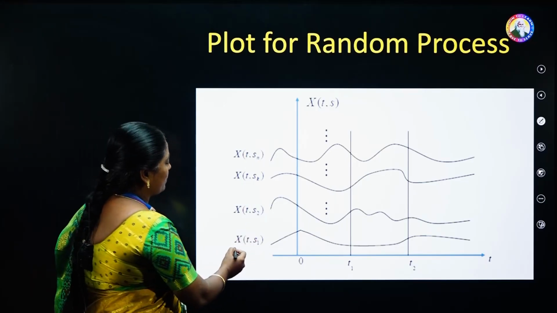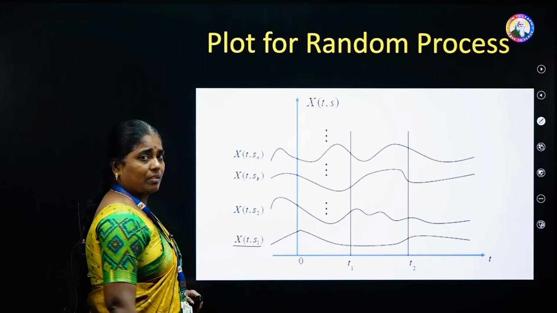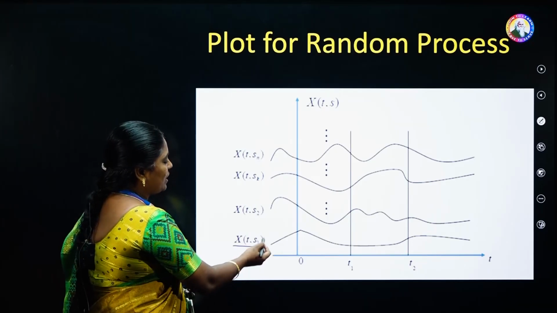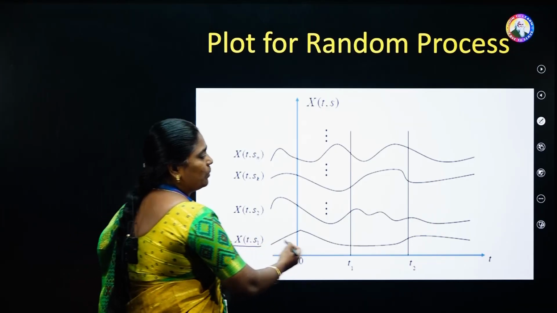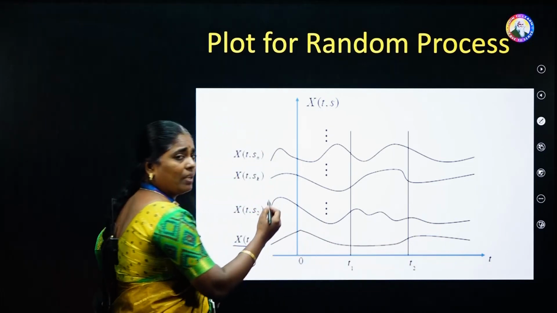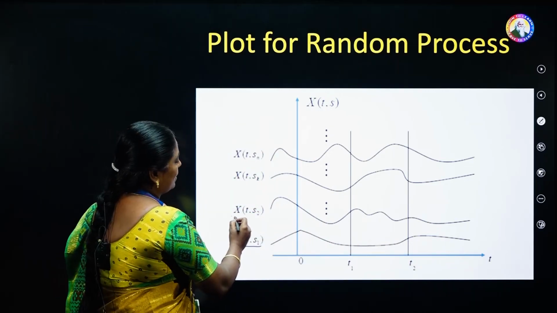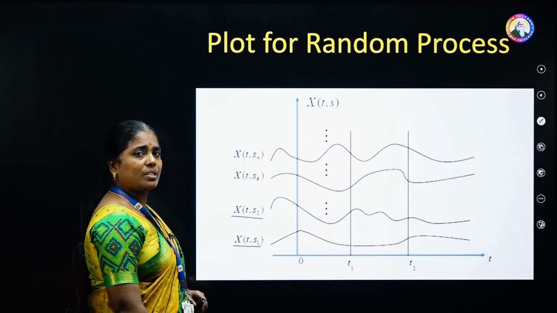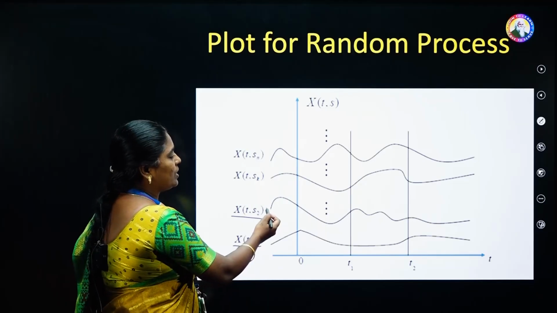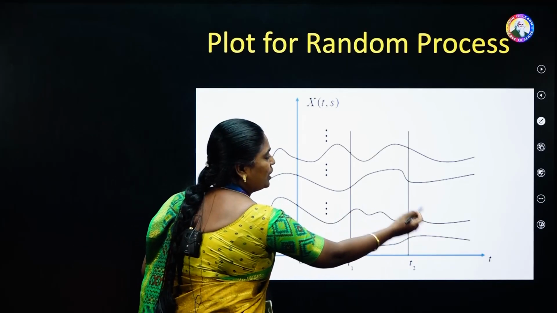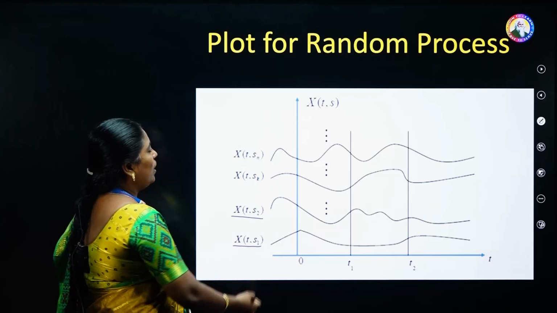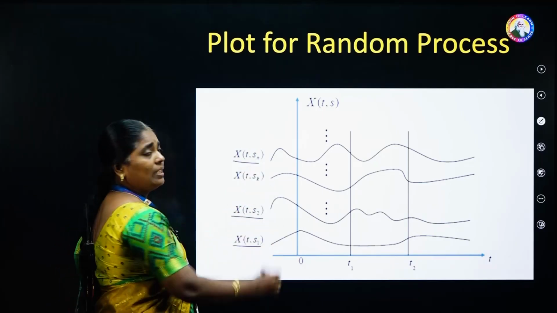Let us consider the first one, x of t, s1. How the sample values of s1 change with respect to time is described by this plot. And the second one is x of t, s2. How the sample values s2 change with respect to time is described by this plot. And so on, x of t, sn.